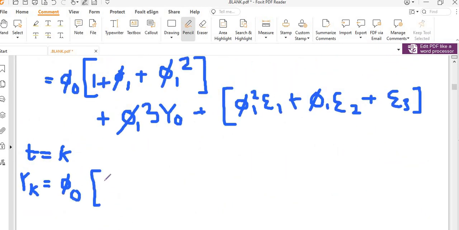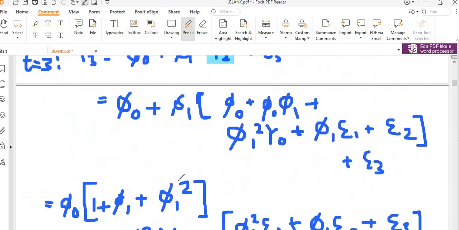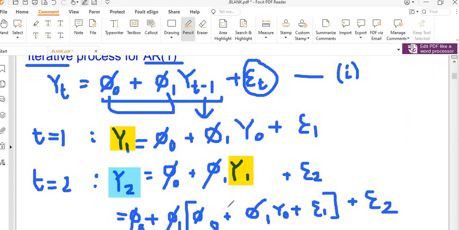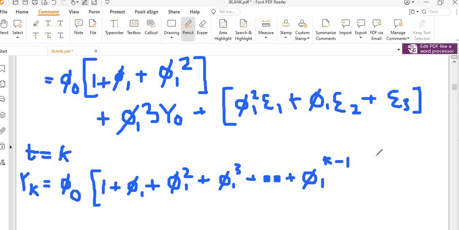So we can safely deduce that for yk, that is for t equal to k, it will be phi naught into 1 plus phi 1 plus phi 1 squared, phi 1 cubed, and so on, up to phi 1 to the power k minus 1. See, you have 3 and it goes up to 2; you have 2, it goes up to 1. So if it's k, it will go up to k minus 1, just one period lag.